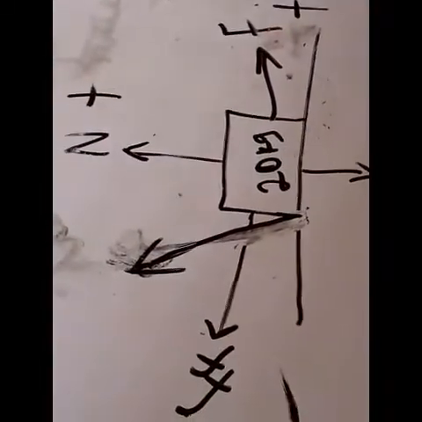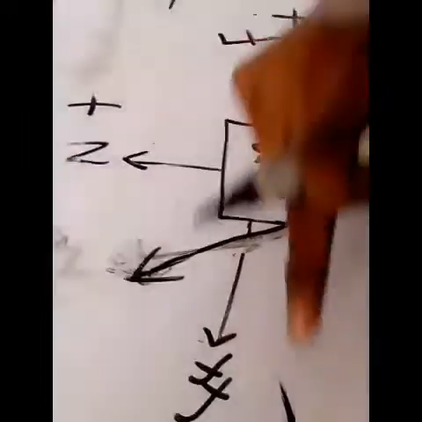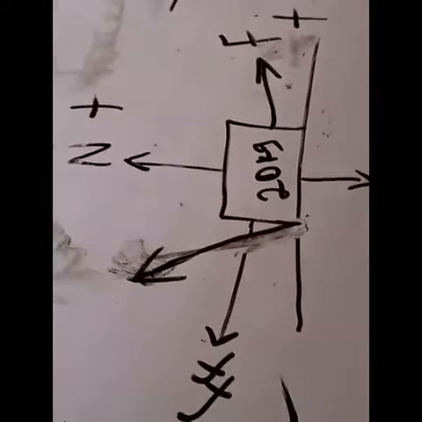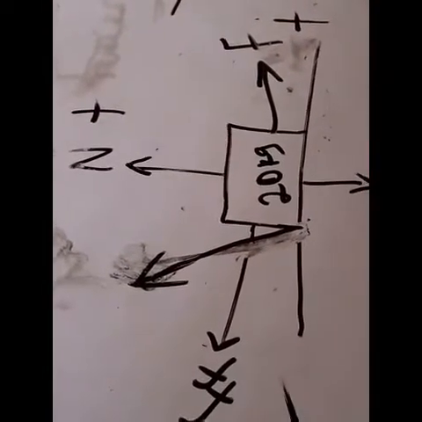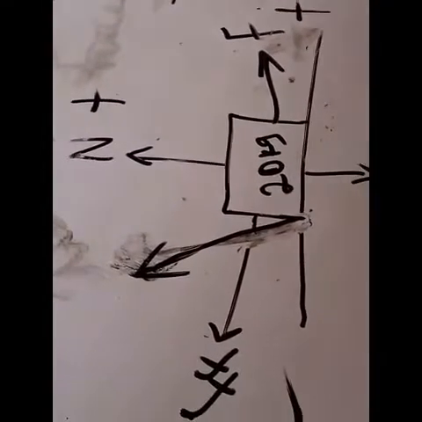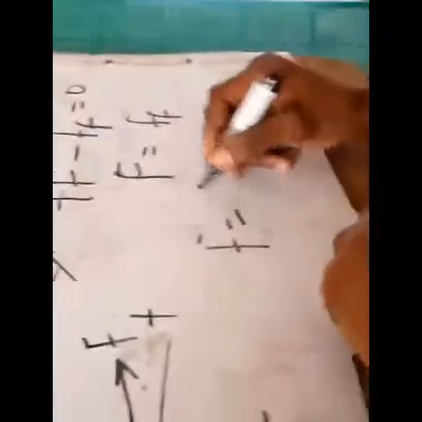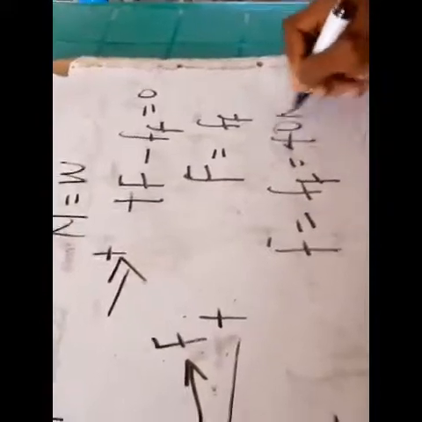Now, resolving this component horizontally, I will have my force minus frictional force equal to 0. So my force is equal to my frictional force, and don't forget my frictional force was 40 Newton. Therefore my force is equal to 40 Newton.